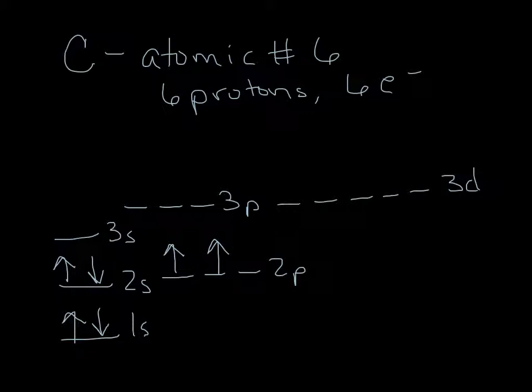That's one way that I can write an electron configuration. Actually, this is called orbital notation, but it's one way that I can tell where electrons exist in an atom.